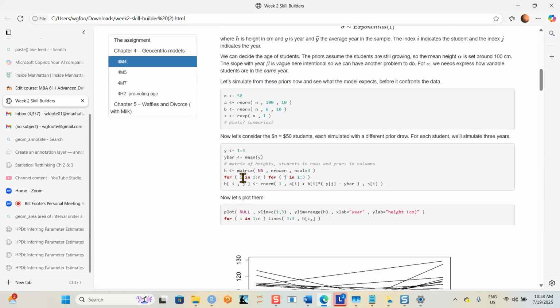The first for loop, the outside loop, is on the 50 students, 1 to n. And the inside loop, for each n, we go 3 years. So each student gets 3 values. That's what the J loop does. And this is how we code it in. It looks similar to Python. You should try this in Python. I would just put it in Copilot and say, translate this to Python, please.